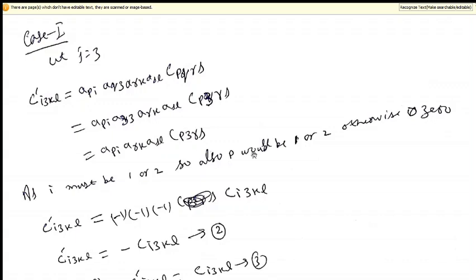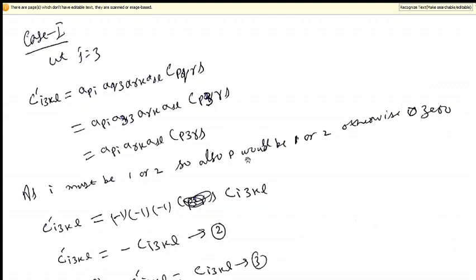And if they are different from 1 or 2, meaning they will be 3, then the term will be equal to 0. How? We know that I can be 1. If I is 1, then we have summation on P, and when P is 3, we have A31, which is 0, which is written here as otherwise 0.